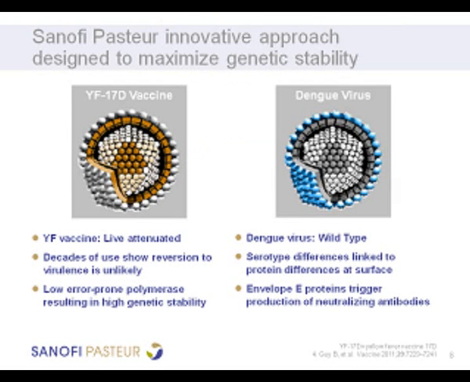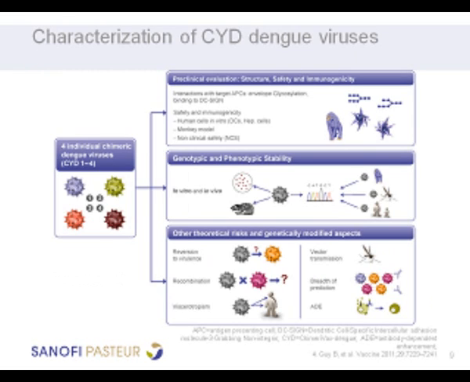So now I'll just talk about the Chimerivax technology that was developed by Acambis and the work that we've done with these vaccine viruses. So this slide summarizes our overall characterization of the vaccine, including the work done by Acambis some 14 years ago.